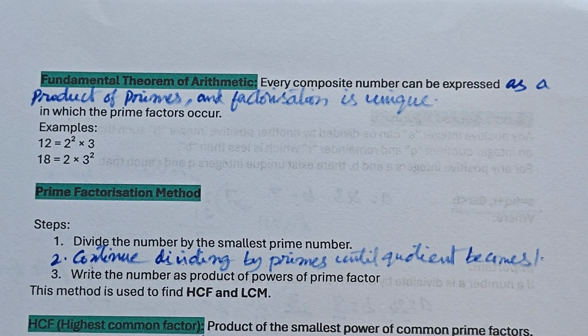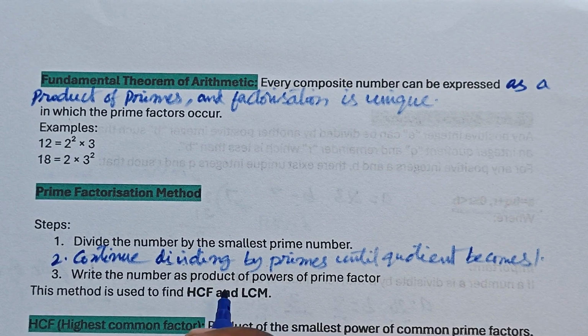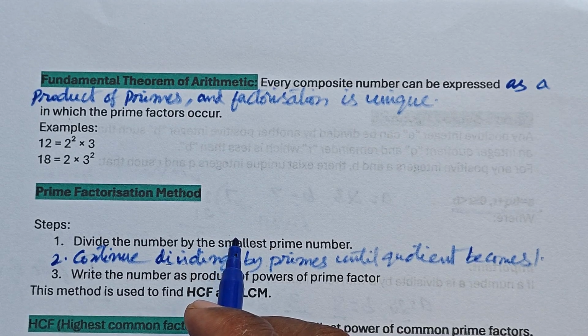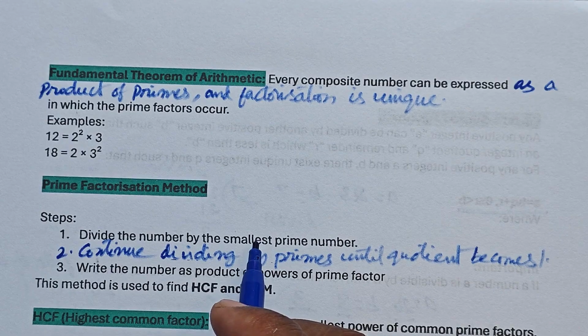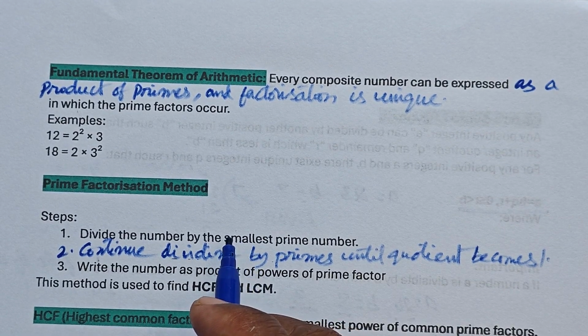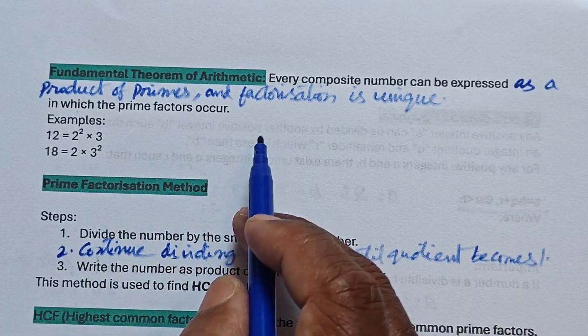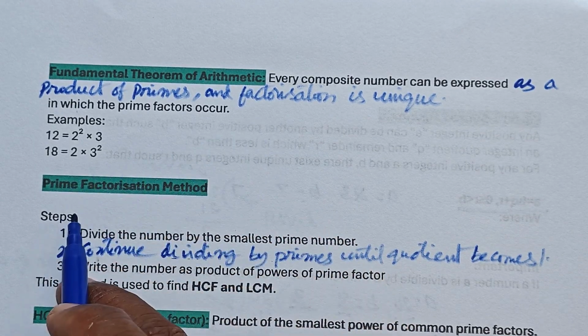Now, what exactly this fundamental theorem says is that any composite number can be expressed as a product of primes, like 4 into 7 into etc. But 4 is actually not a prime, but it can be represented as a power of a prime, like 2 square. So similarly, here we can write any composite number as a product of primes, and the factorization is unique.